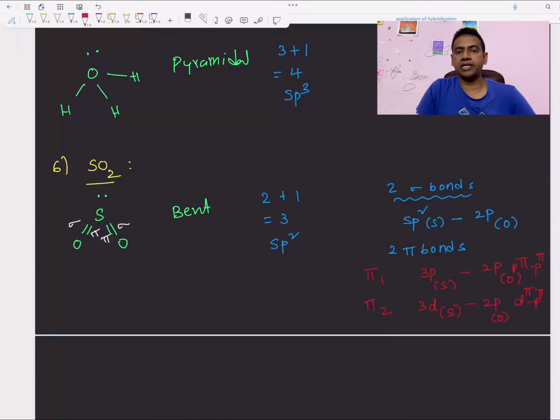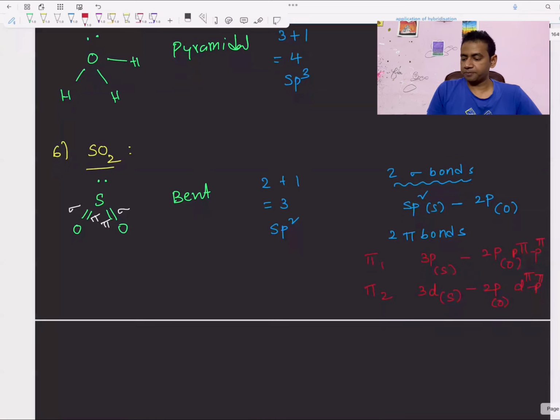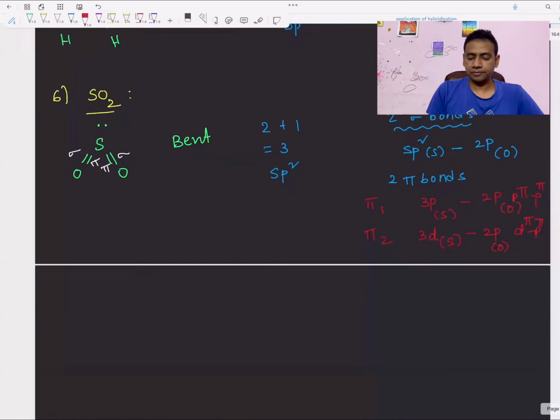Therefore in sulfur dioxide we have one p pi bond and one d pi p pi bond. The importance of this bonding we discuss in the concept of resonance, and why we select one oxygen for p pi and the other oxygen for d pi p pi. I will explain that in detail in the concept of resonance.